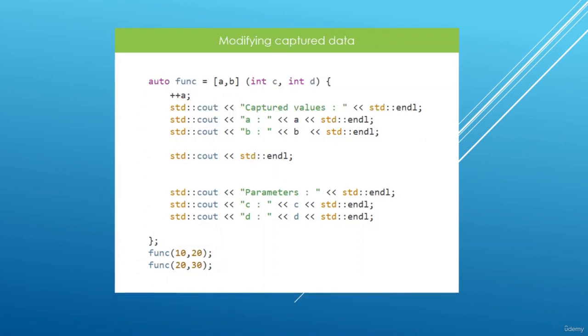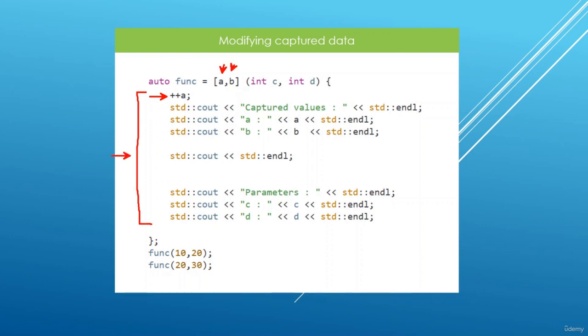Another thing I want to bring to your attention is that by default, we don't have the ability to modify the data that we have captured in our Lambda function by value. So for example, if we capture A and B here by value and try to modify A, this is going to give us a compiler error, and the compiler error is going to say that we don't have the ability to modify this little thing.